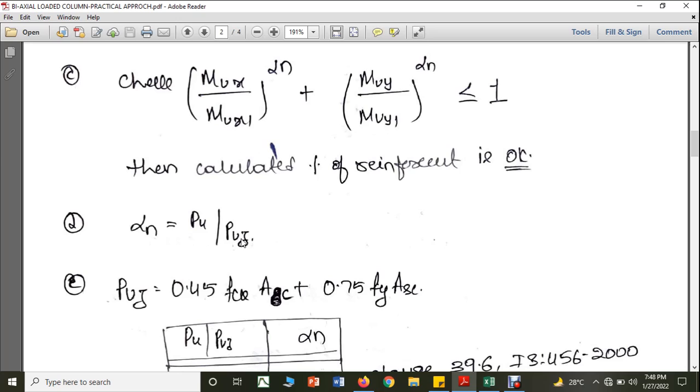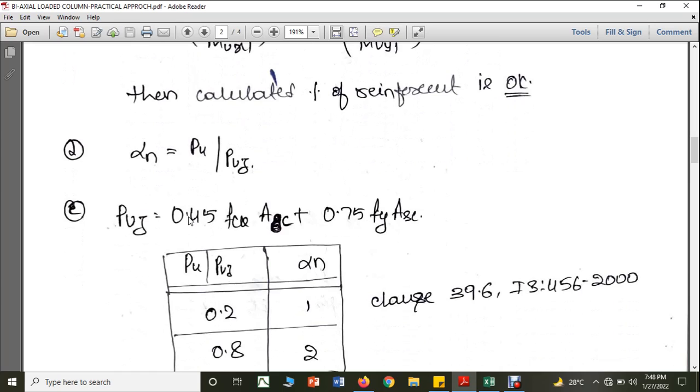In that, already the value of Pu I know, but I don't know the value of Puz. As per IS 456 2000 clause 39.6, your Puz is given by 0.45 fck into Ac, Ac represents the area of concrete, plus 0.75 fy into Asc, Asc represents the area of the compression reinforcement.